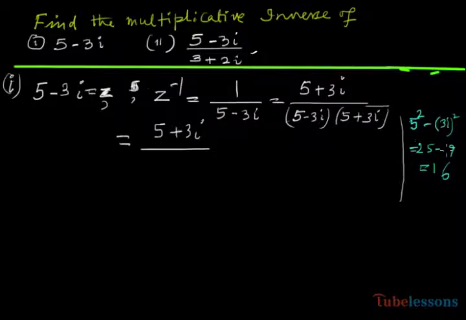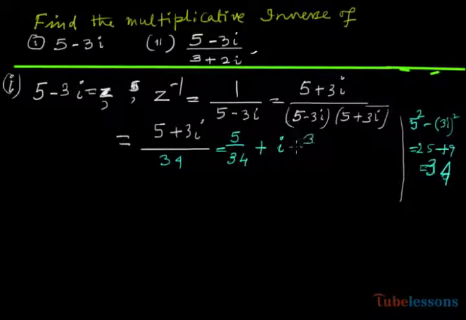Sorry, 25 plus 9 is 34. So 5 by 34 is the real part and 3 by 34 is the imaginary part. So Z inverse is equal to 5 by 34 plus 3i by 34.